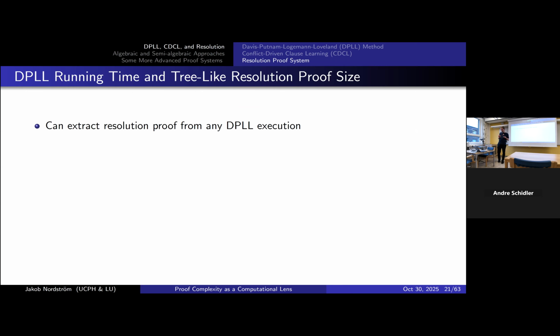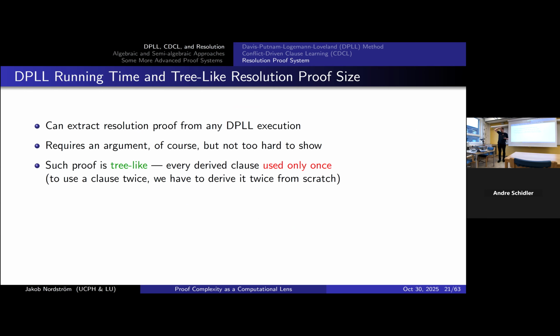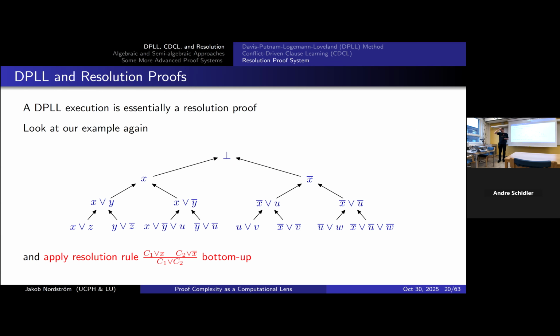And what I claim without proof is that this works for any DPLL execution. There are some technical details to take care of that I'm sweeping under the rug, but nothing really important. Also, one important thing is that if you look at this graph structure of the proof, you actually get a tree-like proof where every intermediate clause is only used once, and then you can think of it as being discarded.